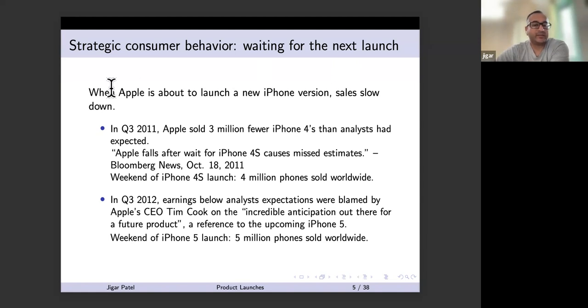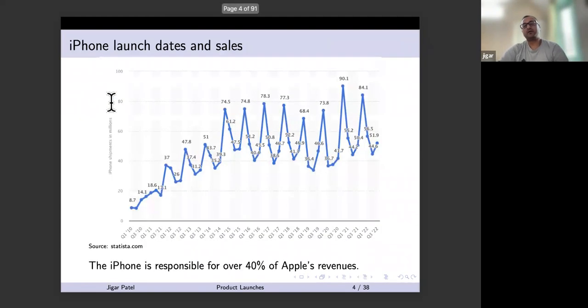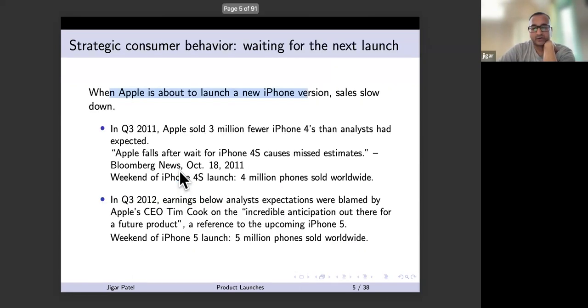So when Apple is about to launch a new iPhone, sales slow down. People hold off in the previous quarter, and as soon as the new phone is launched, they buy it, so sales peak right after the launch.